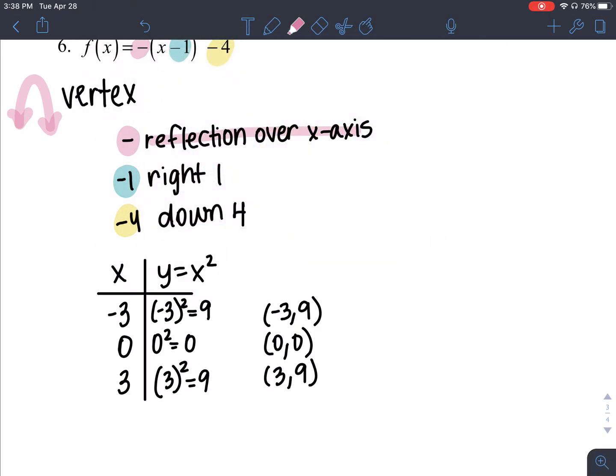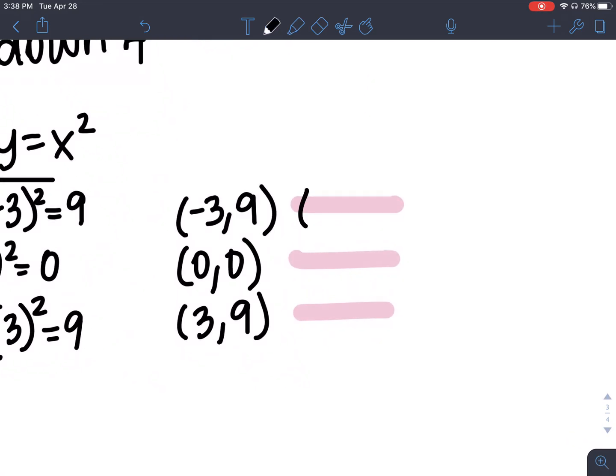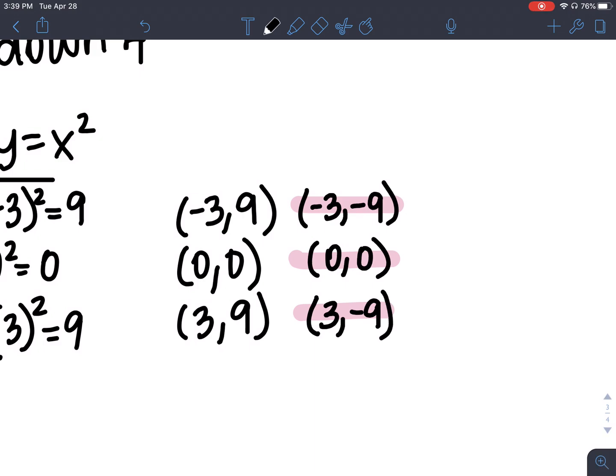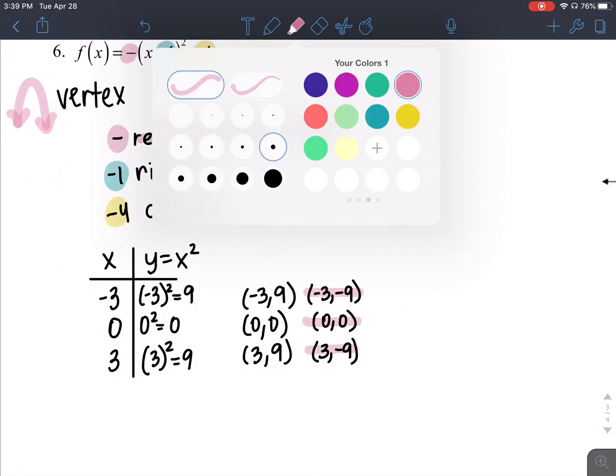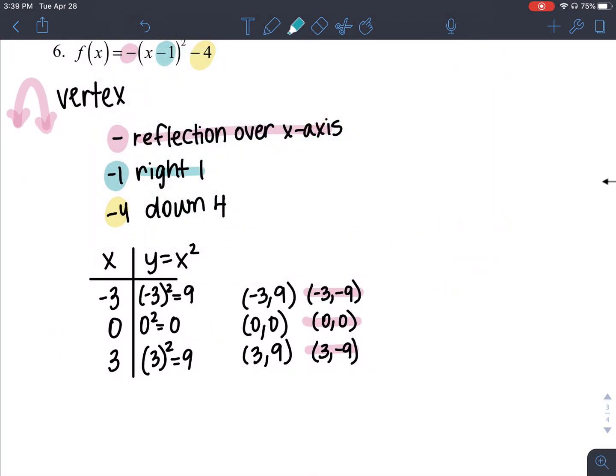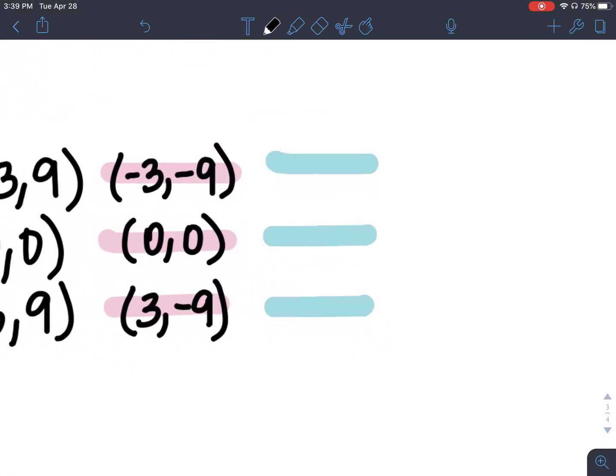So reflection over the x-axis means I'm changing all of the values of my y to their opposites. And then I'm going to go right 1, which impacts my x values.